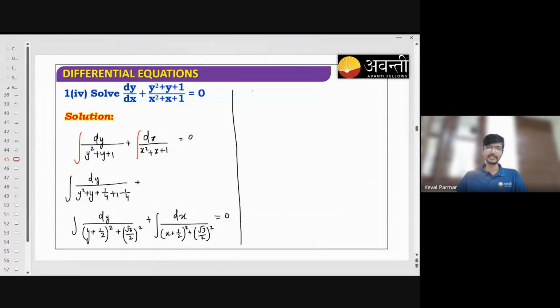So 1 by a, the reciprocal, 2 by root 3 into tan inverse of y plus half upon root 3 by 2, plus same, 2 by root 3 tan inverse of x plus half upon root 3 by 2, equals c.